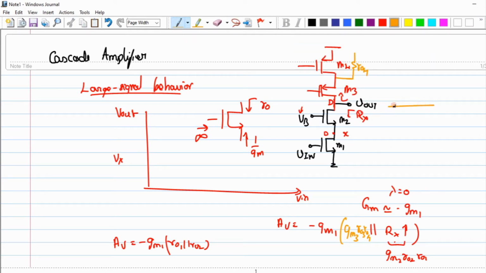Whenever there is a swing across a Q point, when I go up, I have to make sure that I leave a minimum voltage drop across the drain and source of M3 and the drain and source of M4.